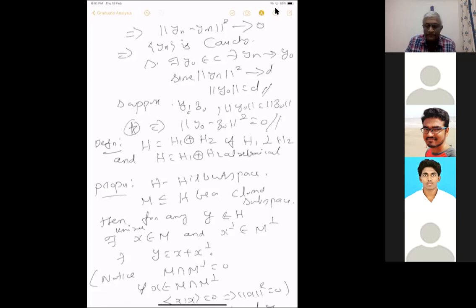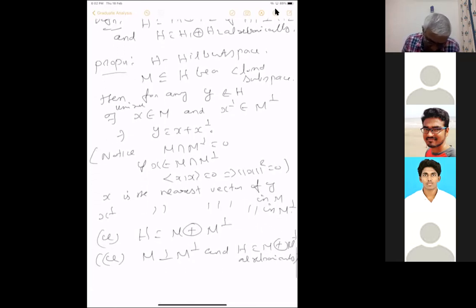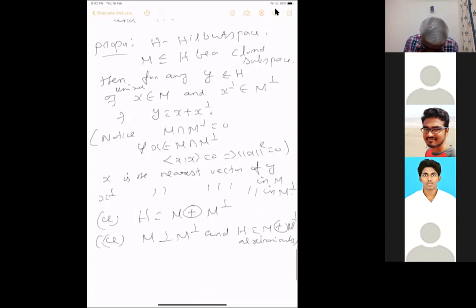That is, for any y in H, there exist y1 in H1 and y2 in H2 such that y equals y1 plus y2. So that's what the statement is. And here I am saying that if you have any H and if you have an M, then H looks like M direct sum M perp. That's what the whole thing says.